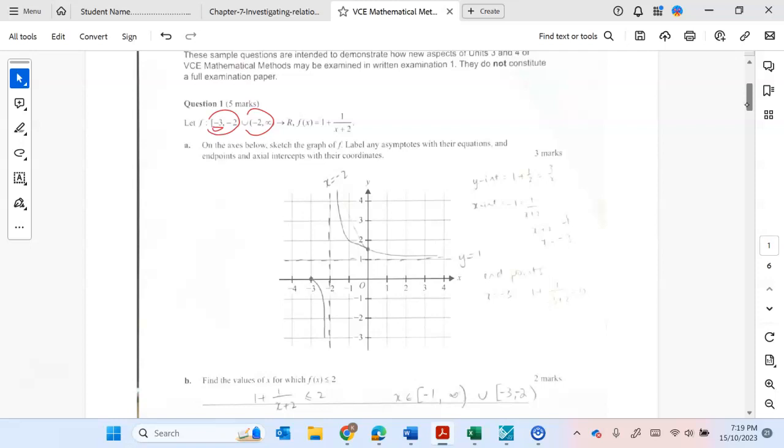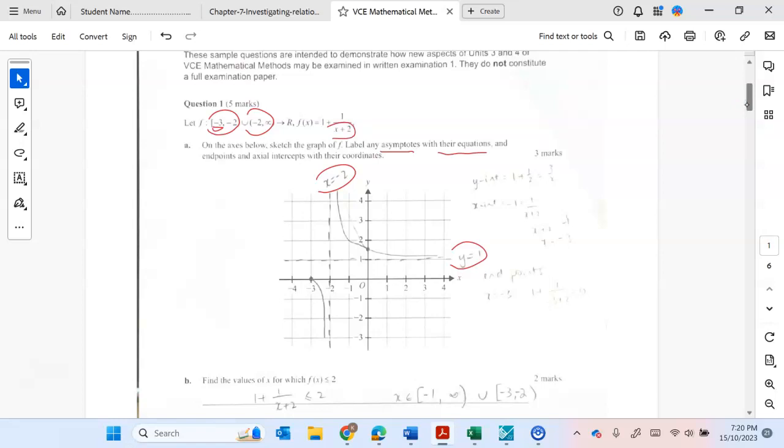When sketching any graphs, you do need to label any asymptotes with their equations. A horizontal asymptote will be y equals because it only goes through your y-axis, and your vertical asymptote will be x equals because it only goes through your x-axis. Now to work out what your asymptotes are, this is a hyperbola, so we can't have this denominator equal 0, so it's undefined.